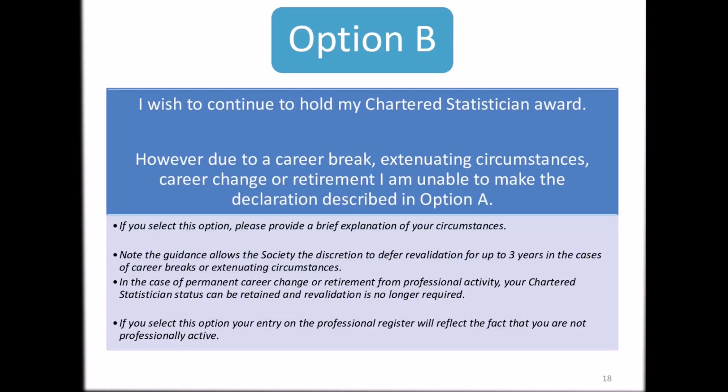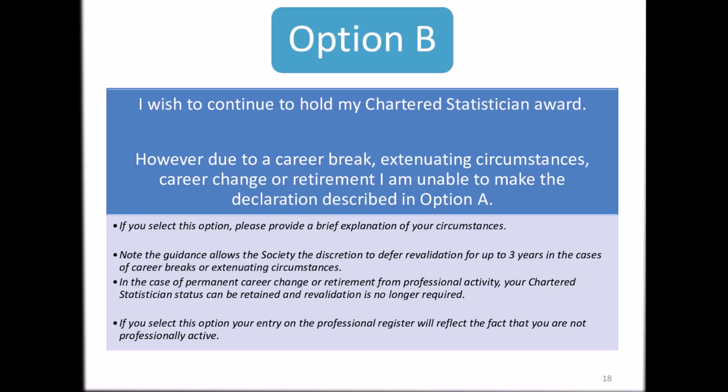Moving on to the next slide, this describes option B. This is slide 18. So what is option B? I wish to continue to hold my Chartered Statistician Award, however, due to a career break, extenuating circumstances, a career change or retirement, I am unable to make the declaration described in option A. So as indicated on the slide, if you select this option, we ask you to provide a brief explanation of your circumstances.